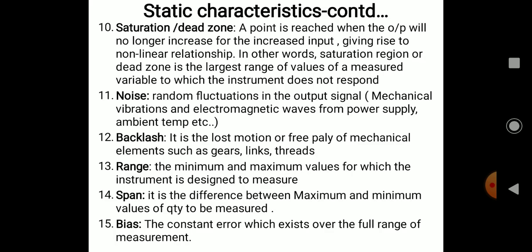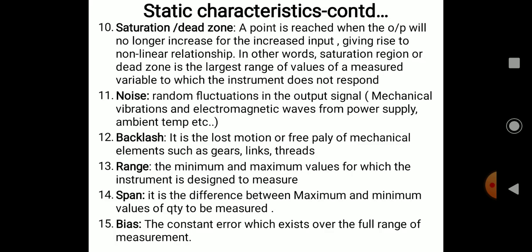From 90 to 100 bar there will not be any change because that area is dead. So that is why the useful range is what we can calibrate, up to what point the instrument shows output for the increasing or changing input. So a dead zone will be there in any instrument.